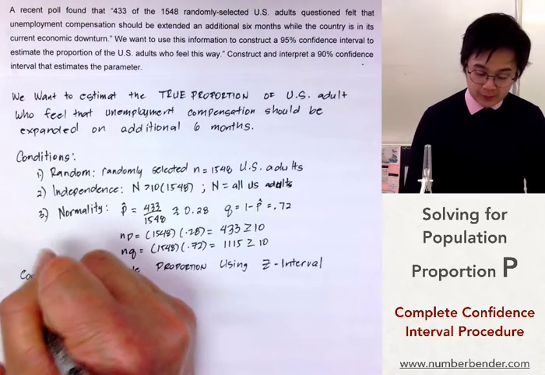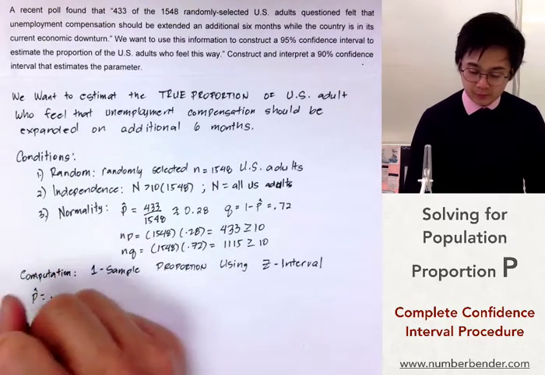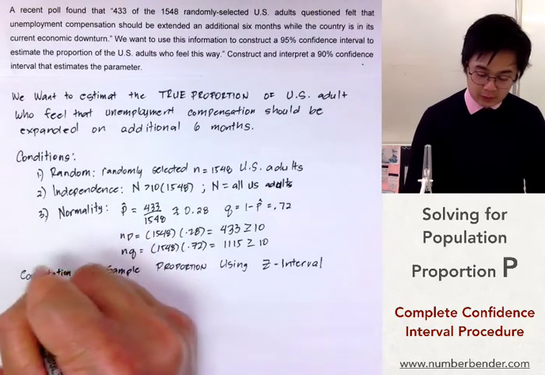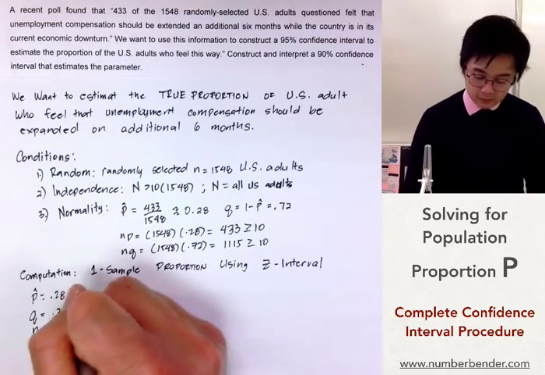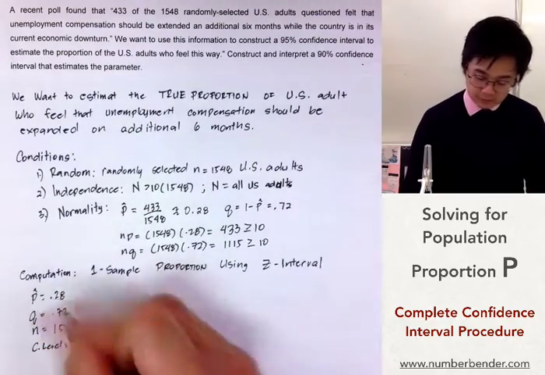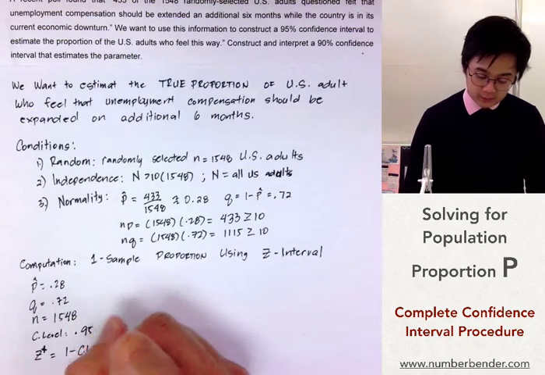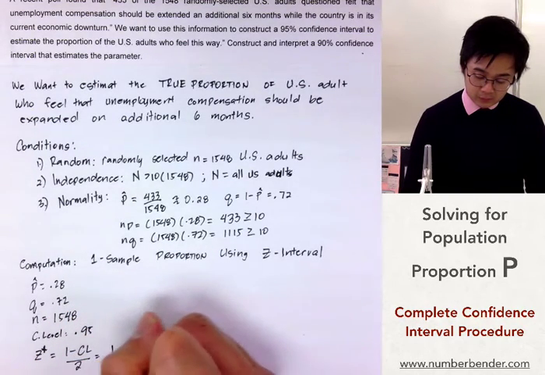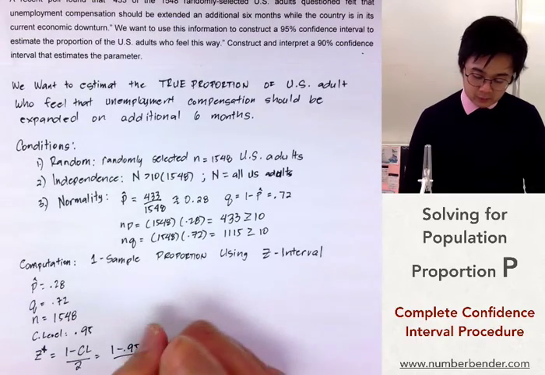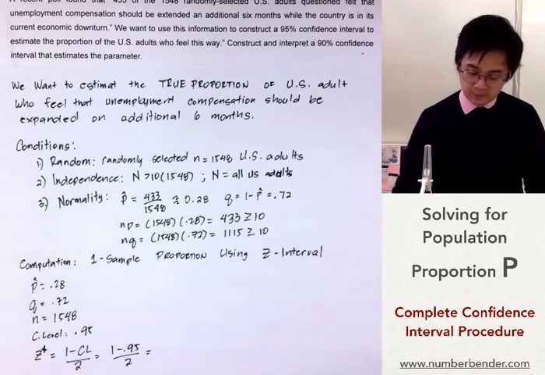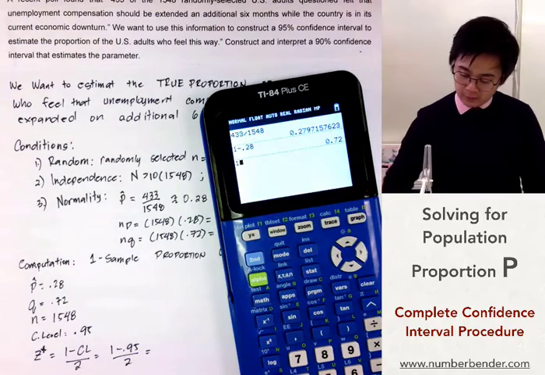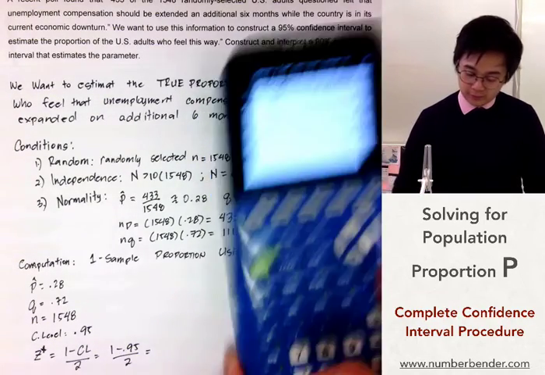We'll be using p hat, which is 0.28, and our z star, which comes from 1 minus the confidence level: 1 minus 0.95 divided by 2 is 0.025.